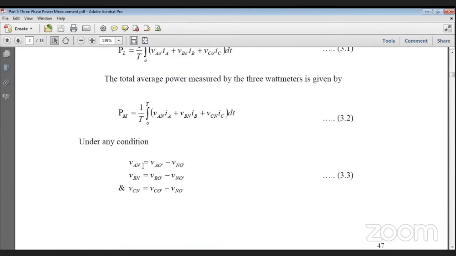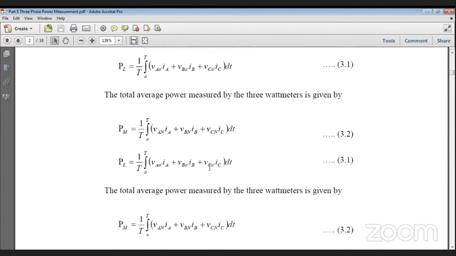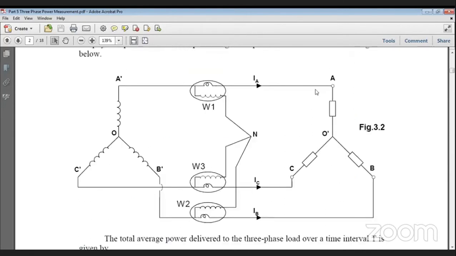Now why is it so? Look at it. If I write Kirchhoff's voltage law, how do I write? VAN plus VNO prime plus VO prime A is equal to 0, if I take it in the anti-clockwise direction, all the three.